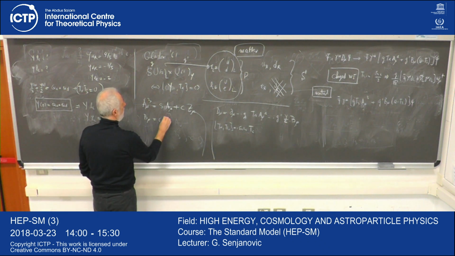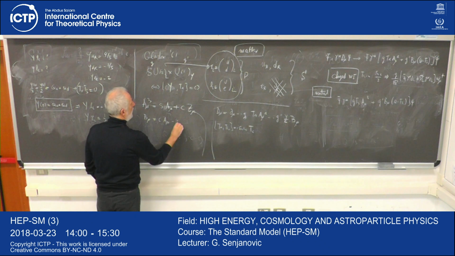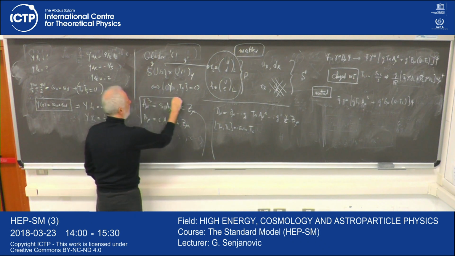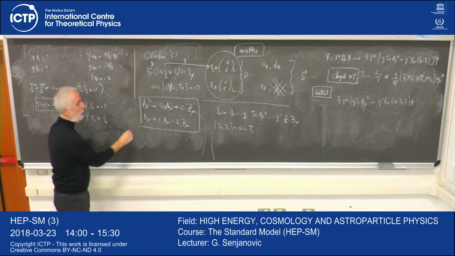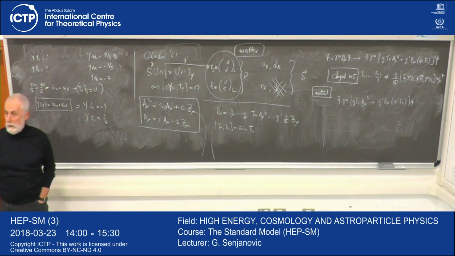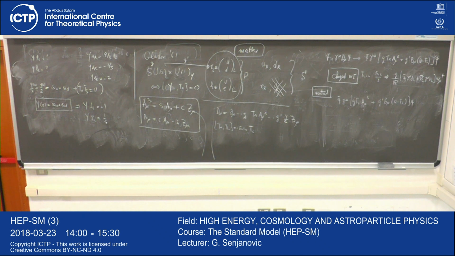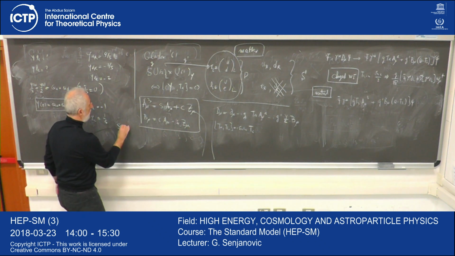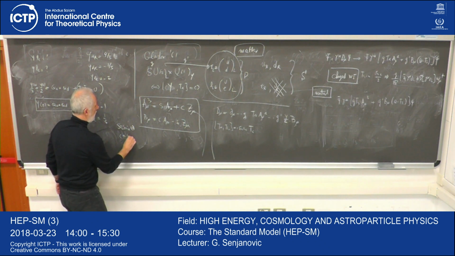B mu then will be C A mu, must be orthogonal, minus S Z mu. This is the most general way I can write, because I want to preserve the normalization. The same way that the W gets the square root of 2, this must be sine and cosine, okay? S is sine theta, and C is cosine theta.